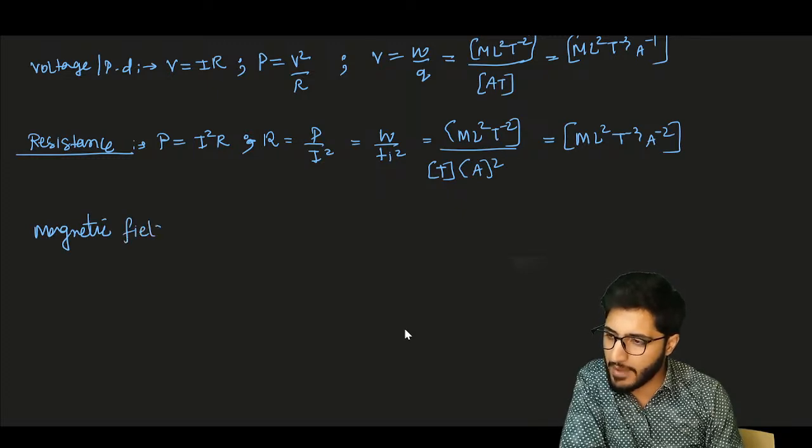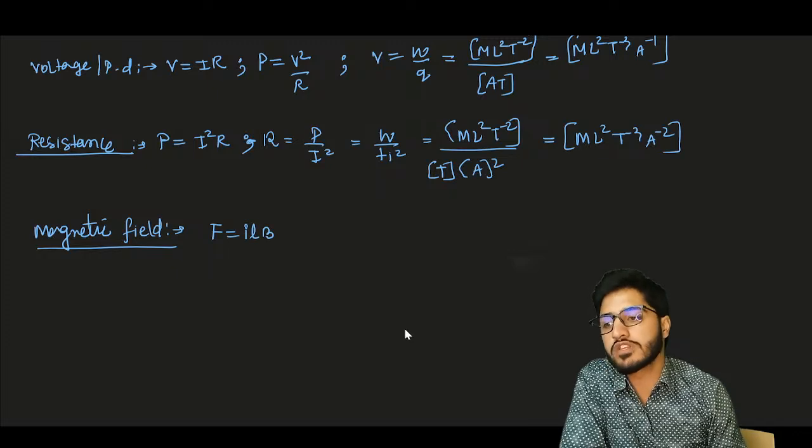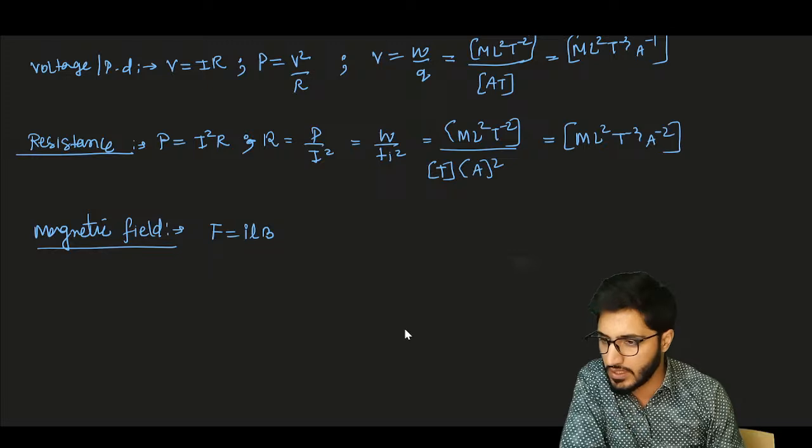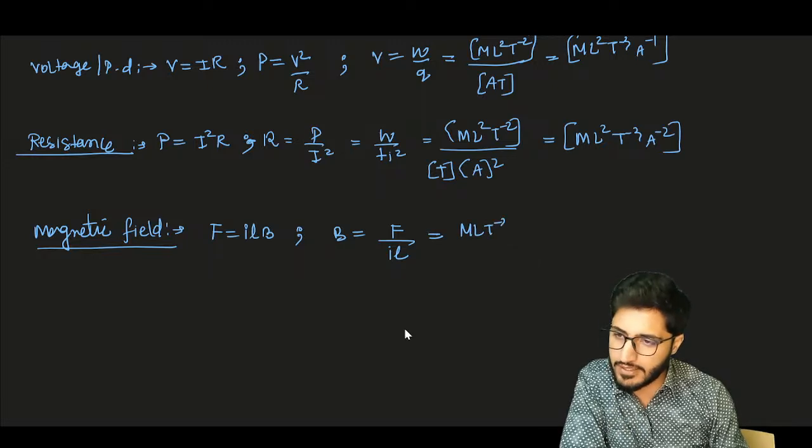Now we are having magnetic field. Magnetic force is F equals I into L into B. So what is B? B came out to be F divided by IL. What is F? F is force MLT^-2.